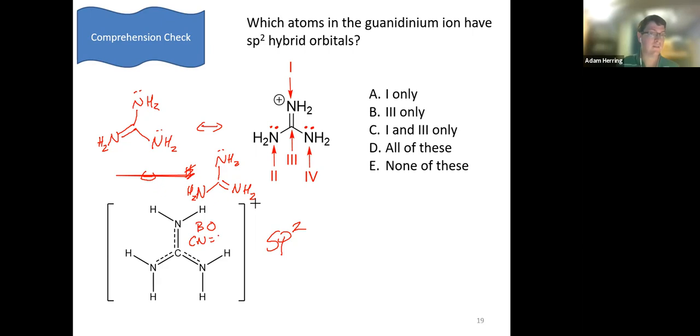Pause and try. 1.33, 1 1/3. Okay, that's found by taking the bond order between the same carbon and nitrogen in all 3 resonance forms, summing those together and dividing by the number of resonance forms.